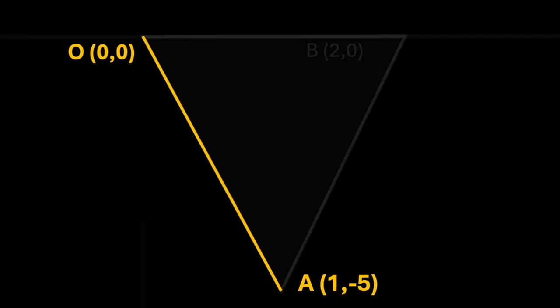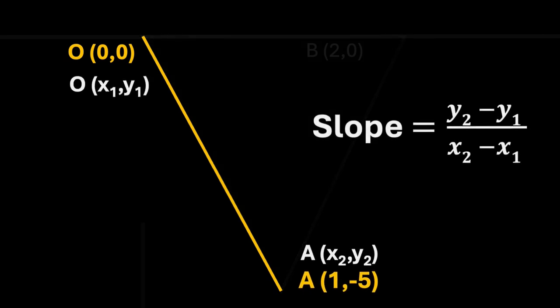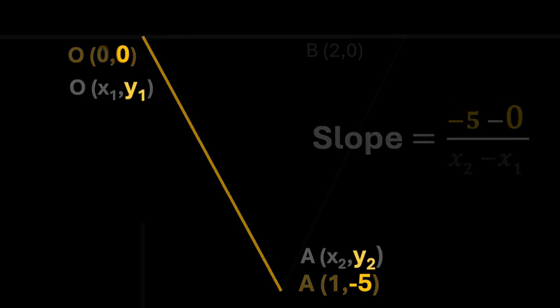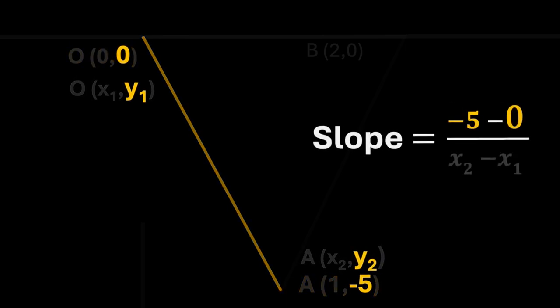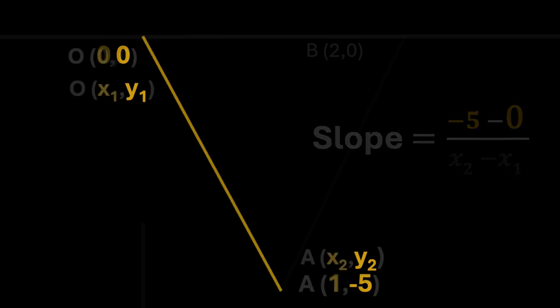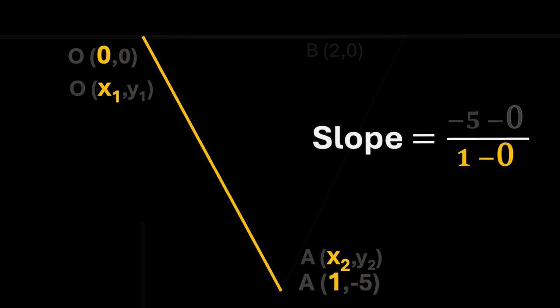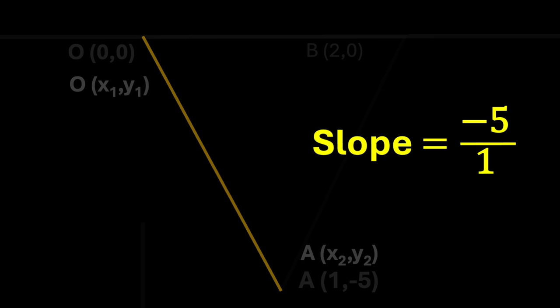For the line segment OA, we have the coordinates x1, y1 and x2, y2, and the slope as y2 minus y1 by x2 minus x1, right? What is y2 and y1? It is minus 5 and 0. So it is minus 5 minus 0. Similarly, for x2 minus x1, we have 1 minus 0. Therefore, the slope of this line is minus 5 by 1, which gives us minus 5.